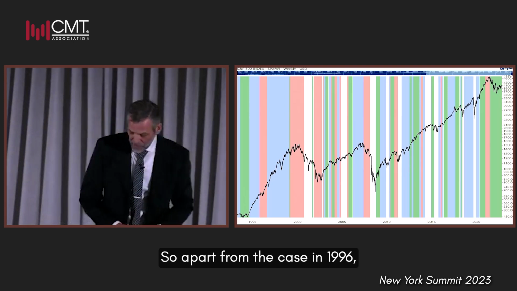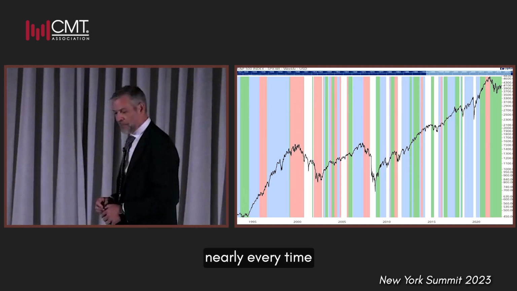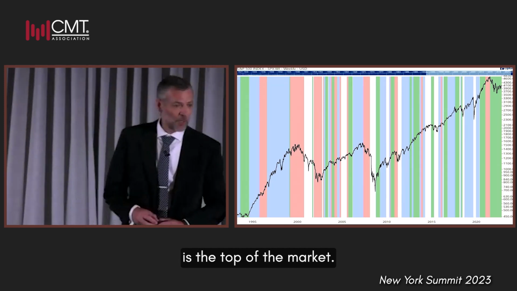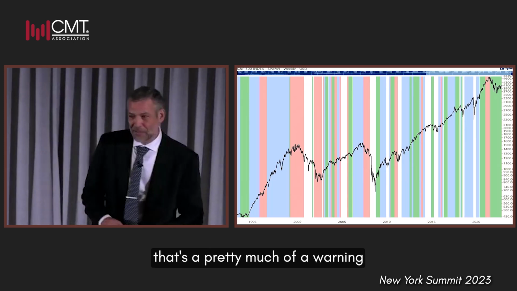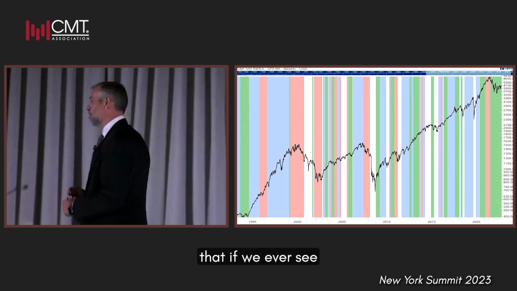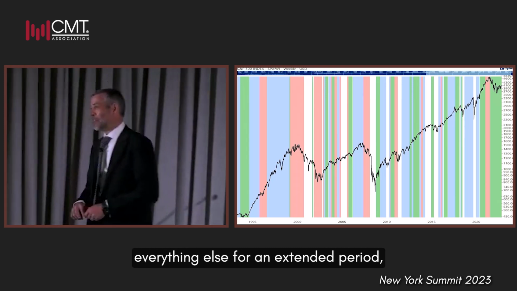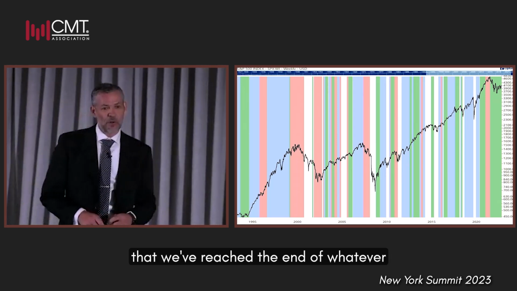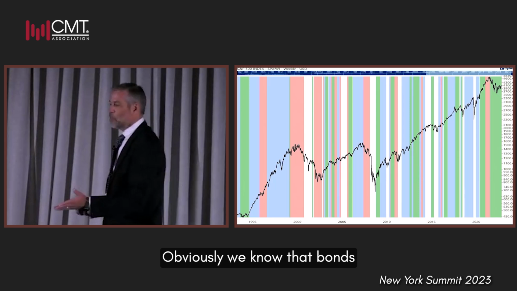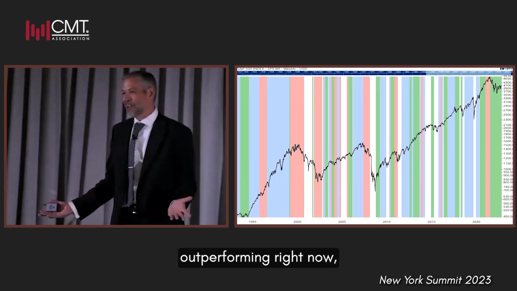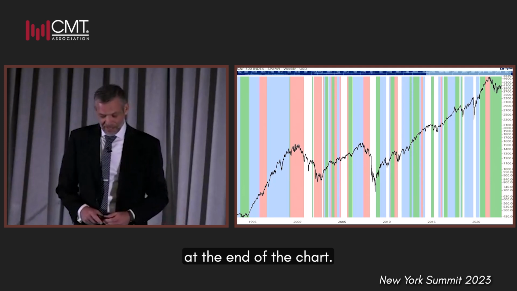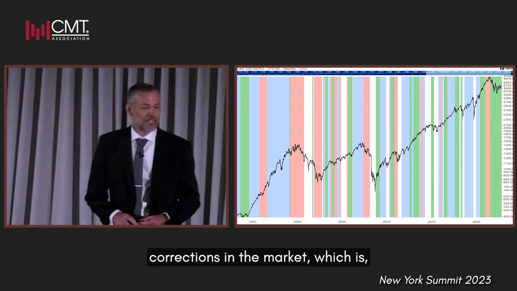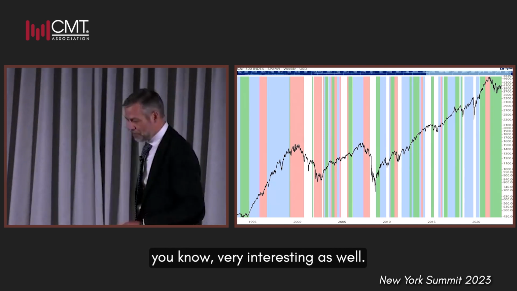So apart from the case in 1996, nearly every time commodities becomes the leader is the top of the market. And so that's pretty much a warning that if we ever see commodities outperforming everything else for an extended period, then there's a high probability that we've reached the end of whatever bull market we're in. Obviously, we know that bonds are outperforming right now. You can see the green at the end of the chart. Very interesting. And then the dollar seems to outperform in our biggest crashes, our corrections in the market, which is very interesting as well.